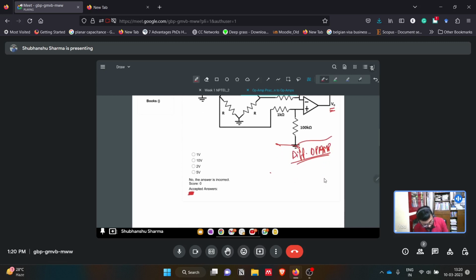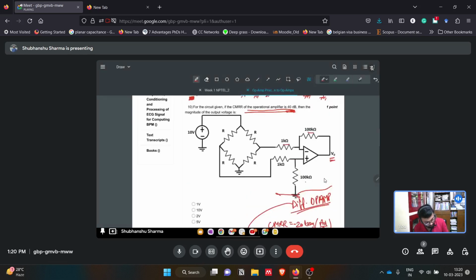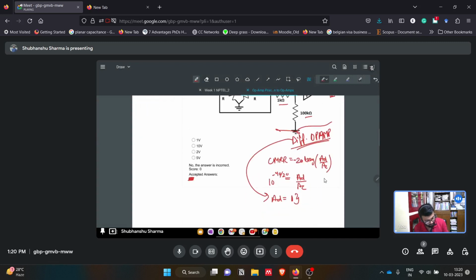We know CMRR equals 20 log AD by AC. So AD by AC will be 10 to the power 40 by 20. Then AD we know is 1, since this is a differential amplifier and we have 100, 1k, 100, 1k. So the gain will be 1 here in this case for the differential amplifier.